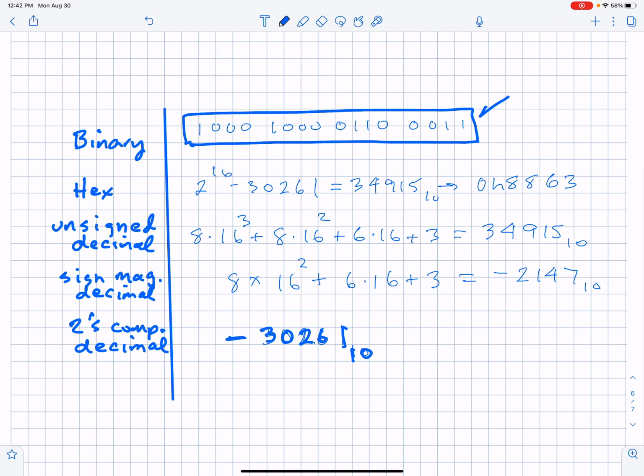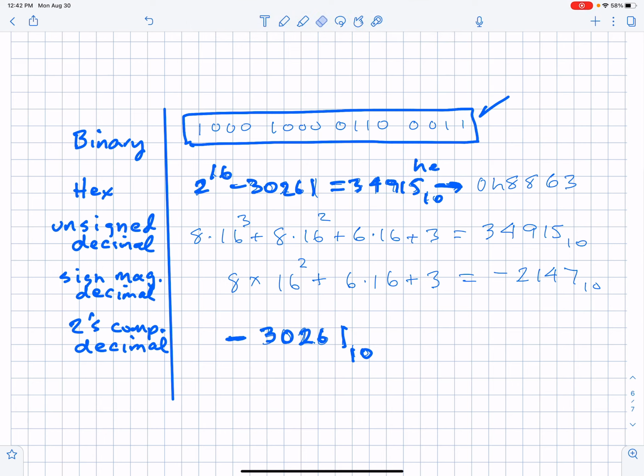Okay, so what I would do here is think, well, because this is negative, what I know from 2's complement representation of negative numbers, this would be 2 to the 16th minus this number is equal to 34,915. That's base 10.